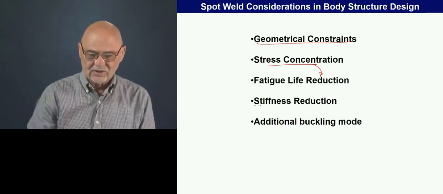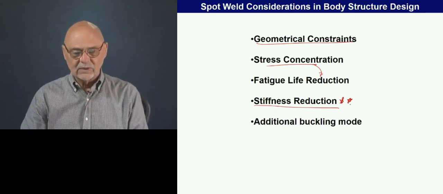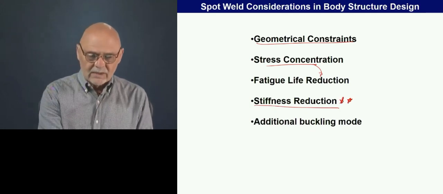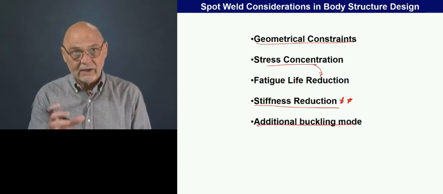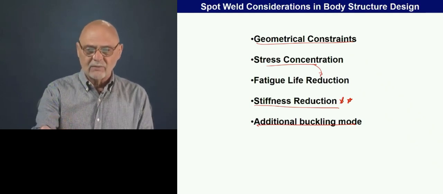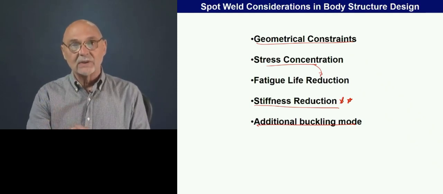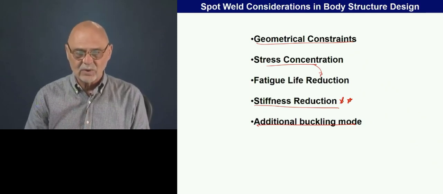It also results in a stiffness reduction, and we're going to be looking at this in some detail. There's also an additional buckling mode beyond what we've looked at so far, a between-the-spot-welds buckling mode. So what we're going to do is very quickly take each one of these factors and describe what we're talking about.